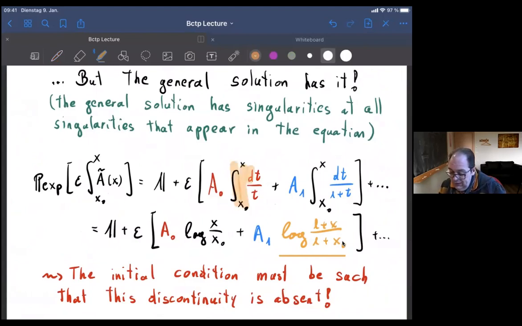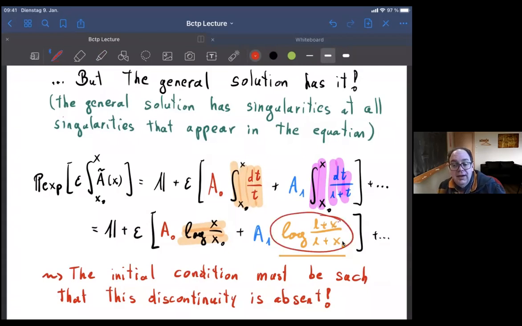You can easily see that this integral just gives you a log of x over x0, and this integral here gives you this. And you see that here you have this log of 1 plus x, which is singular when x is equal to minus 1, and develops an imaginary part when x becomes less than minus 1.